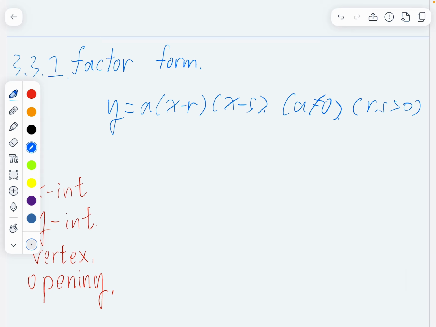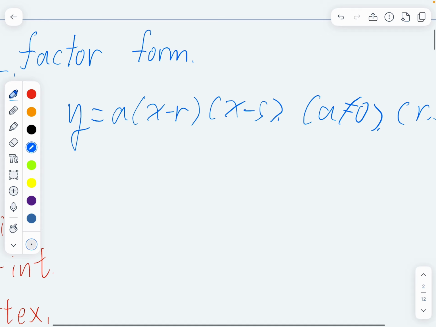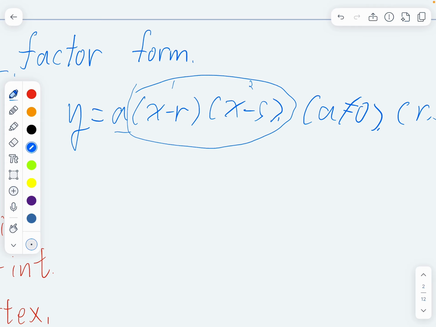First, let's see the general way. What's the factored form? The factored form can be written as y equals a times (x minus r) times (x minus s). So this is called the factored form.